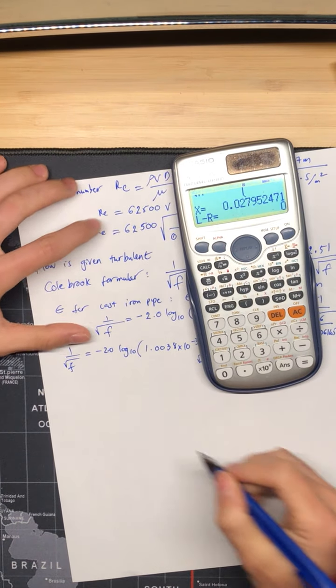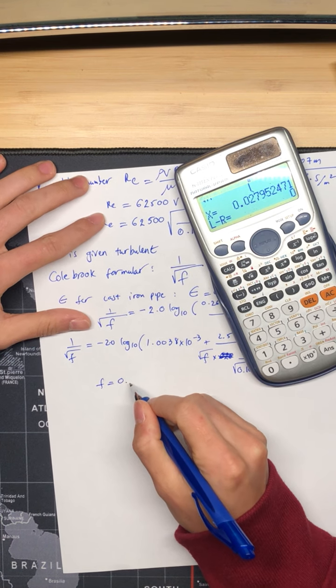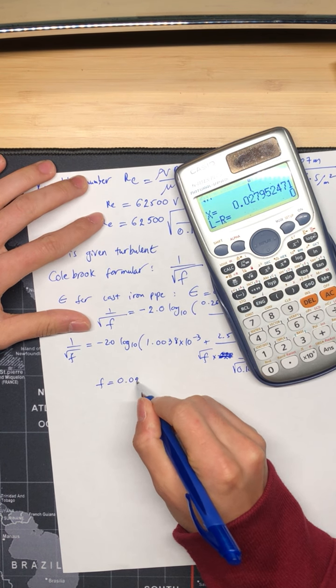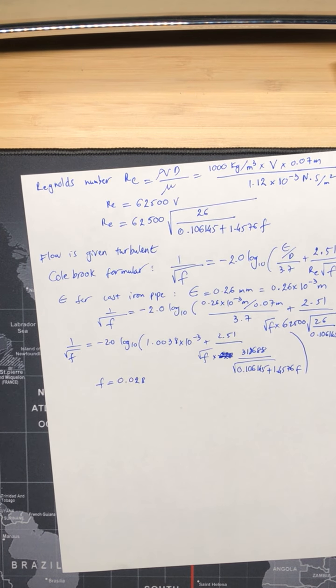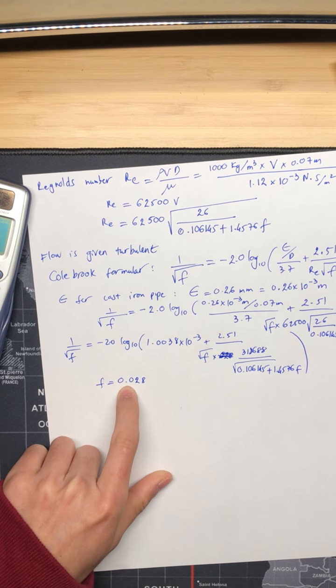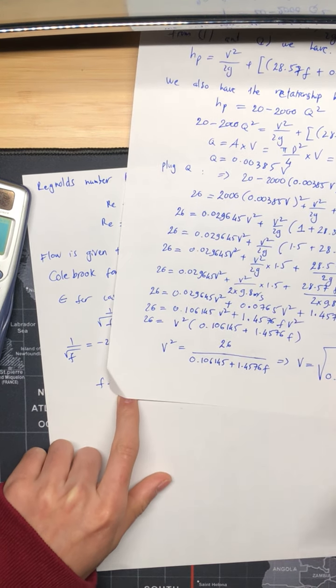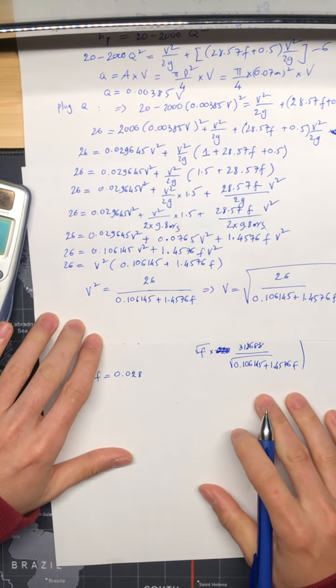So we have F equals 0.028. All right. So with this, we can solve for V right here. Just bring it back.